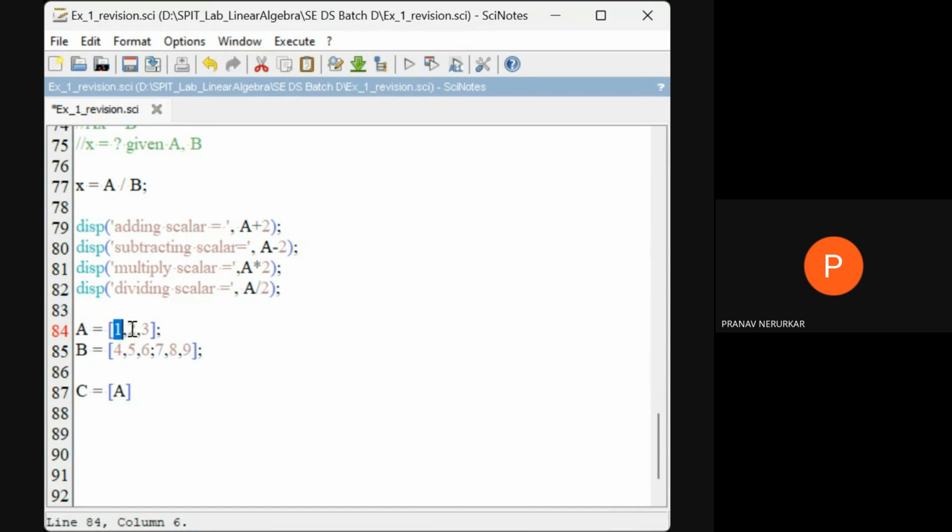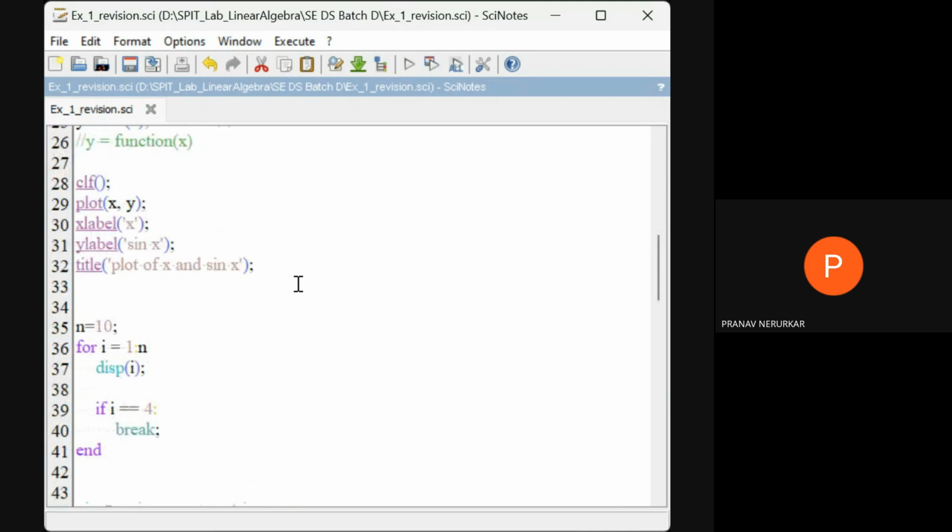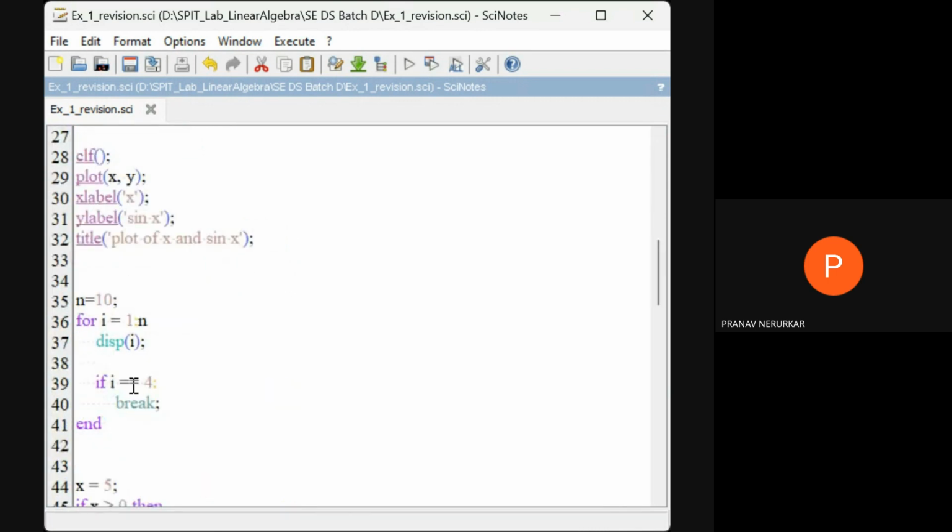So we can add this column to B to get C.